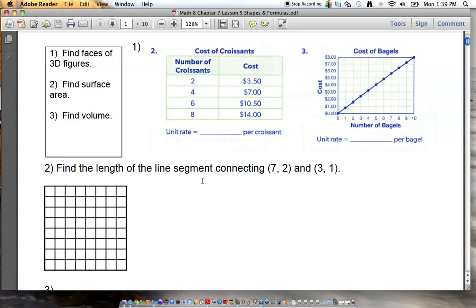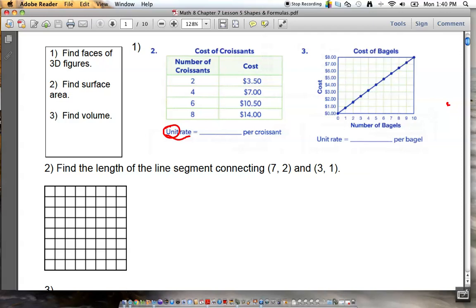So much of your test is going to have questions about graphs and tables, and it's going to ask you to draw conclusions based on these graphs and tables. So let's take a look at this one. It says $3.50 is 2 croissants, $7 is 4 croissants, $10.50 is 6 croissants, and so on. Talking about unit rate. What does the word unit mean?